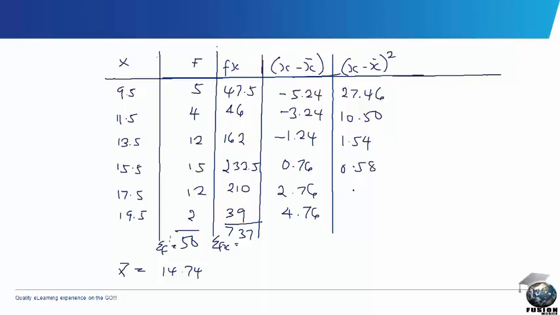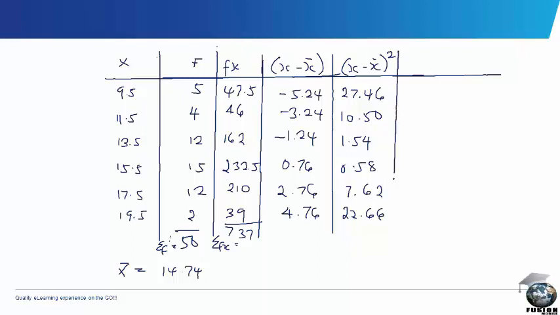You can use your calculator to do this squaring. When we square 2.76, we have 7.62, and when we square 4.76, we have 22.66. So these are the outcomes we have.